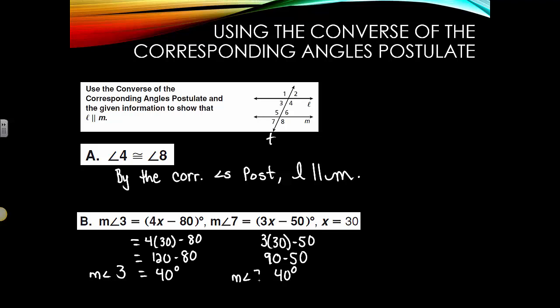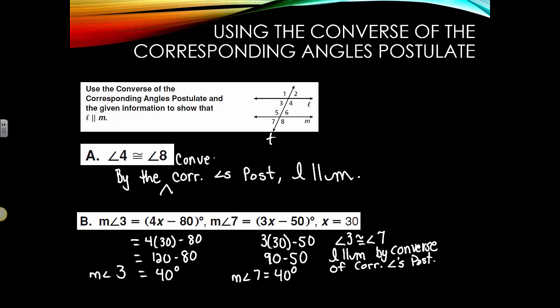So the measure of angle 7 is also 40 degrees. So that means that angle 3 is congruent to angle 7 by the definition of congruence. So the line L is parallel to line M by the converse of the corresponding angles postulate. So up above, I messed up. I should say by the converse of the corresponding angles postulate, that they are parallel.